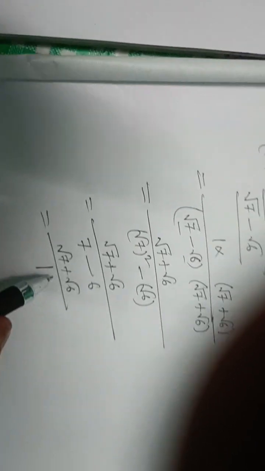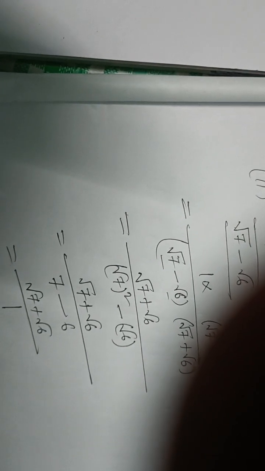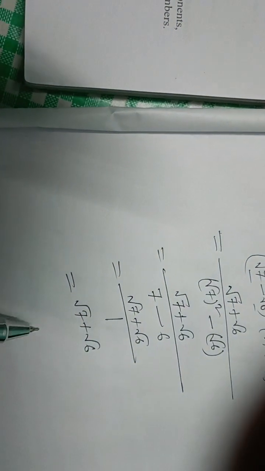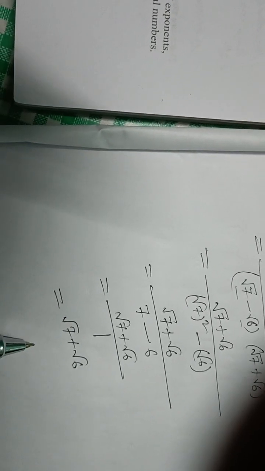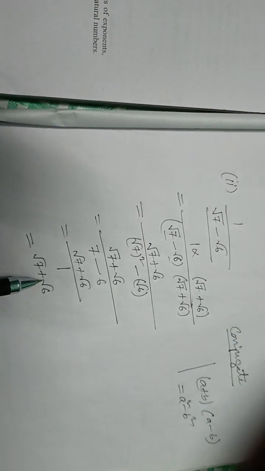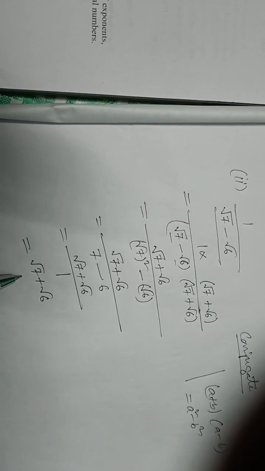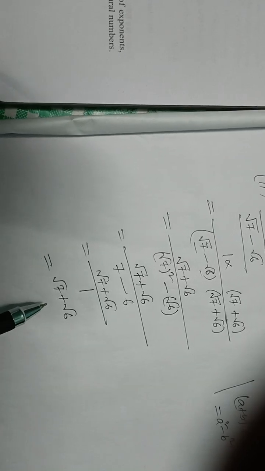Our aim was to make the denominator a rational number, and we got it. I've written nothing in the denominator, which means it is understood that there is a 1 there. That is the way you have to do it.